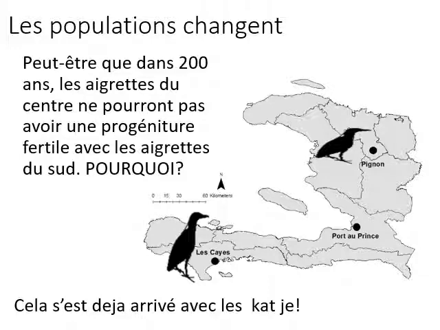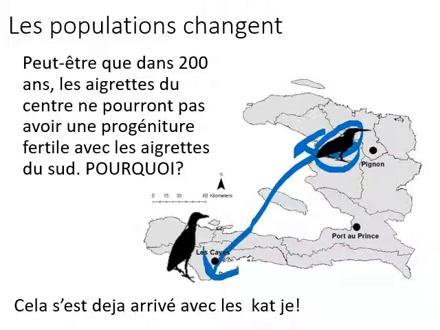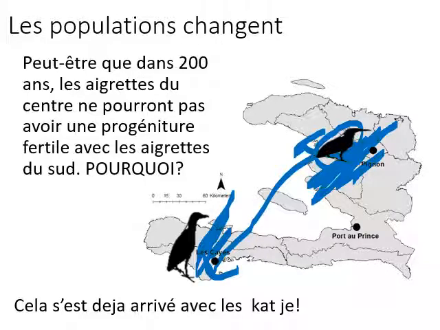However, genetics of populations change. It is very far to fly from central Haiti to the south, so they don't often breed. Over time, their genetics can change so that the birds begin to look different, and we can even have infertile offspring, in which case these are two different species.